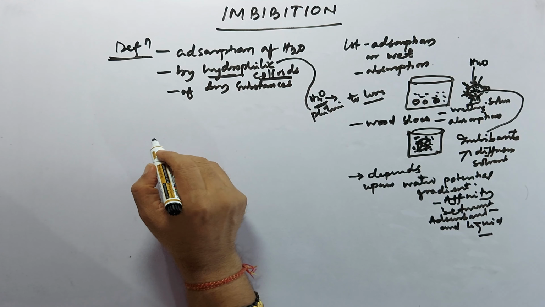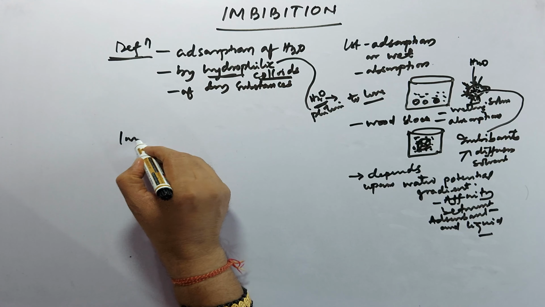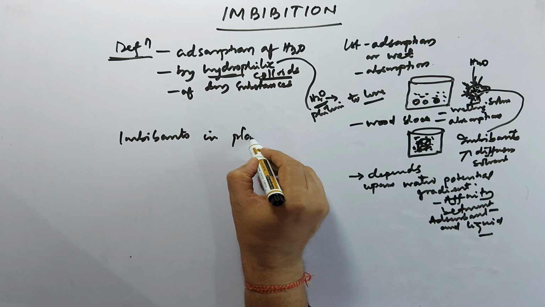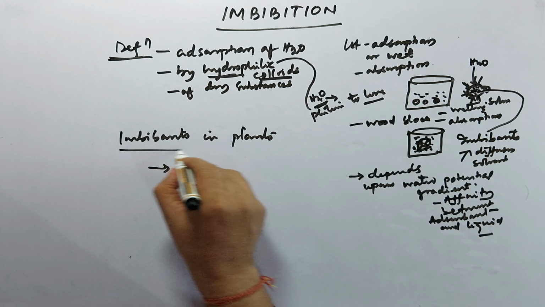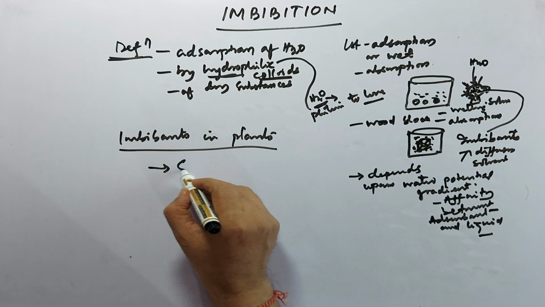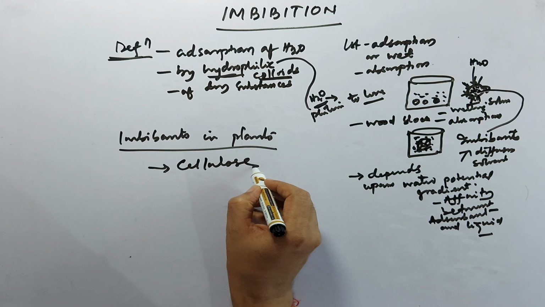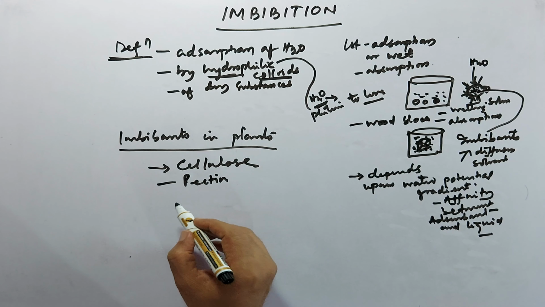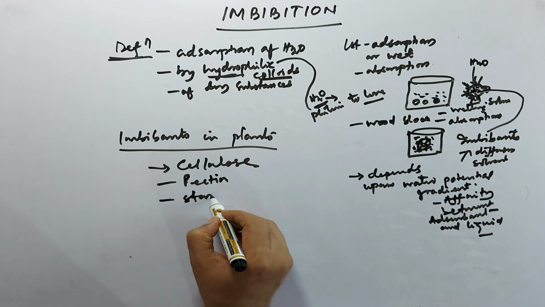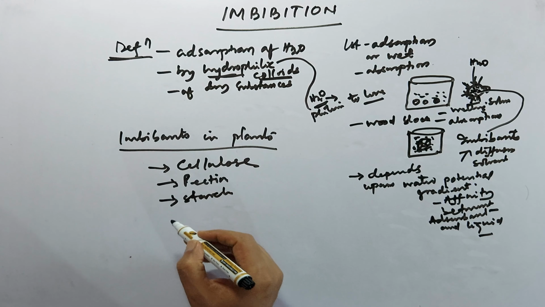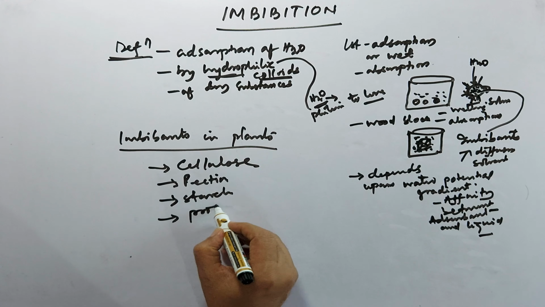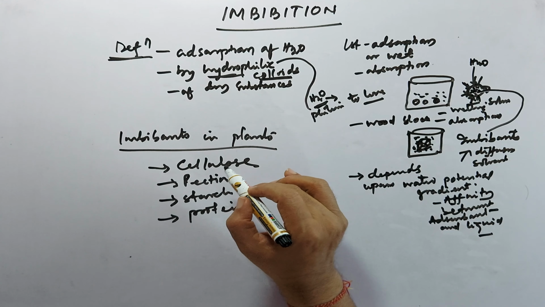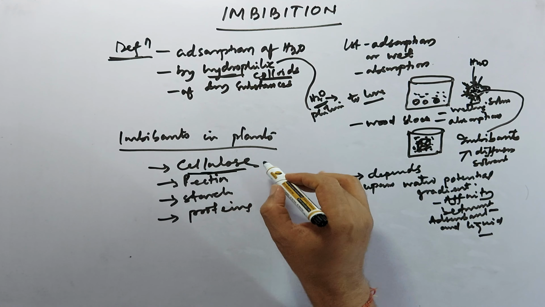Then we will discuss the substances observed in plants. Imbibants in plants include cellulose, pectin, starch and proteins. Where do we find these? Cellulose is the important component of the cell wall.